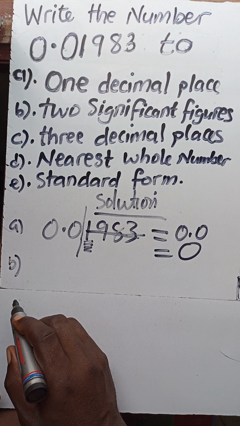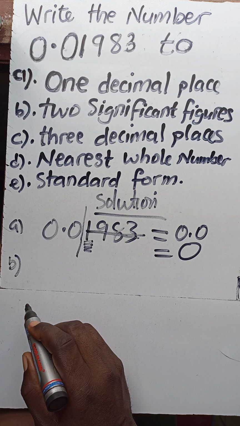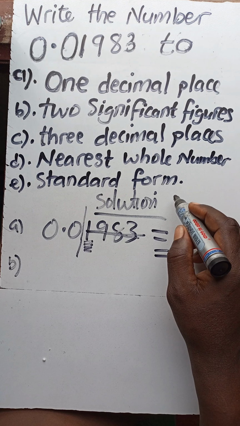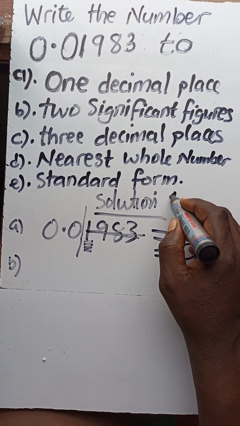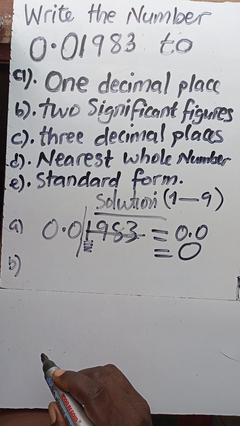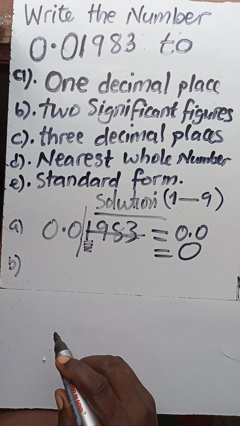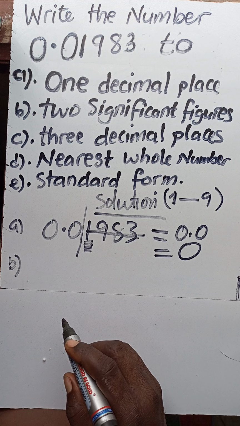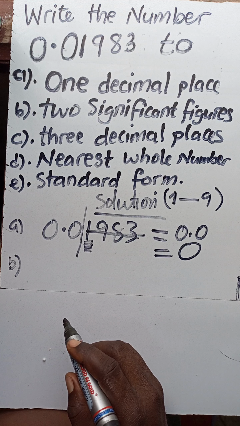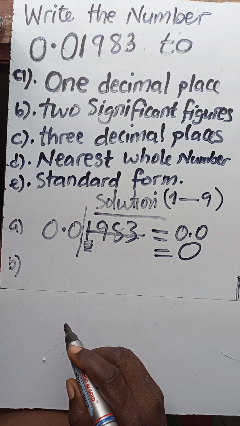That same number to two significant figures. We know significant figures. With significant figures, the digits 1 to 9 are all significant. But an issue is with the digit 0. There are situations where the digit 0 is significant and situations where the digit 0 is not significant.